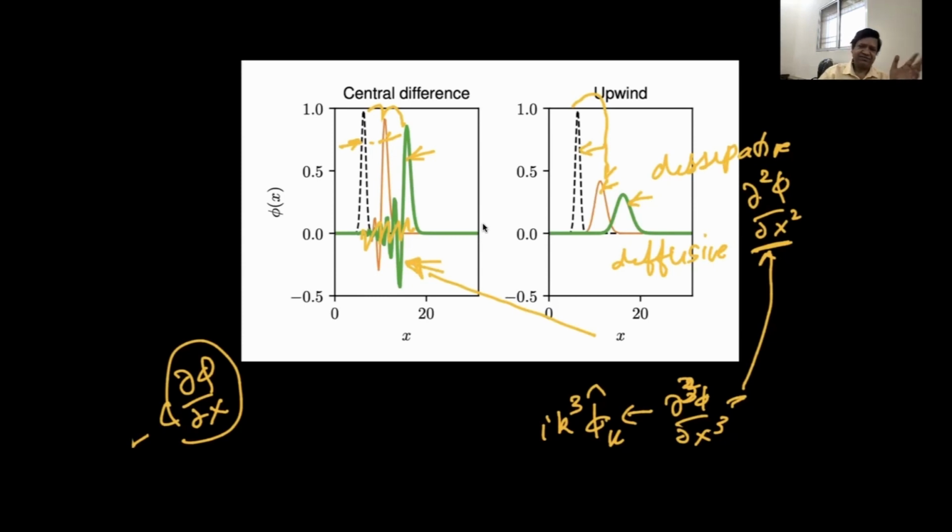The diffusion equation was okay, behaving okay, but especially the wave equation should be keeping shape and moving to the right for c positive, but we are getting dissipation for the upwind scheme and diffusion for the central difference scheme.